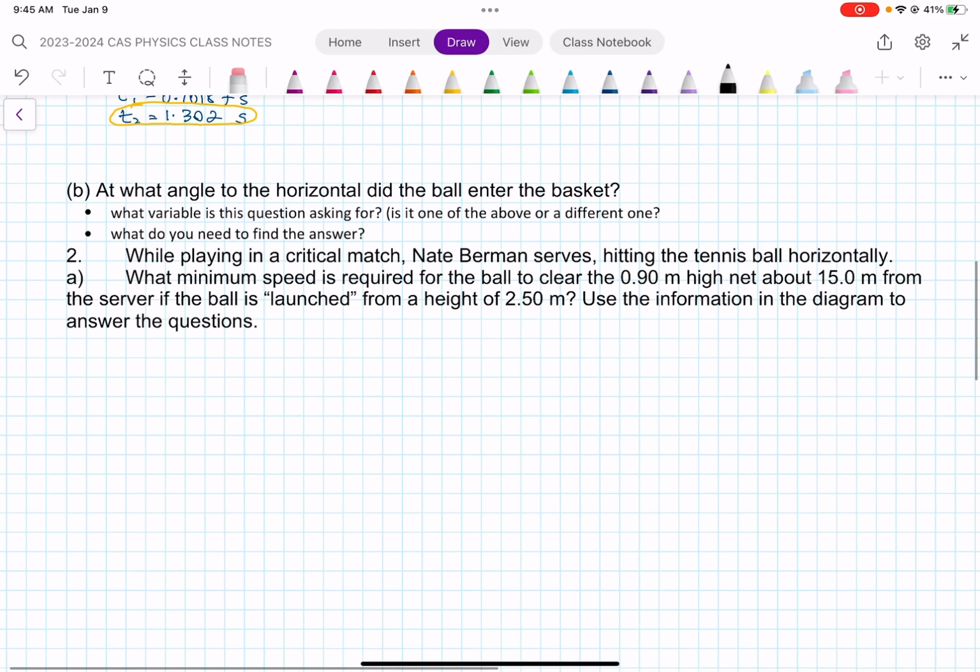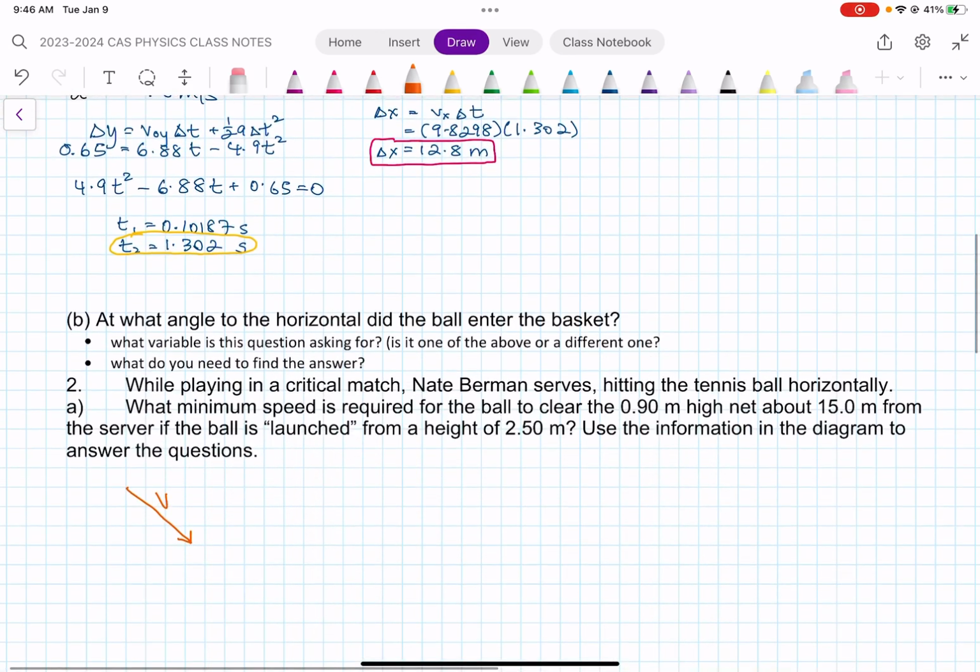So let's do this again. Let's say this is my vector, V, the final vector. And it's composed of a horizontal component, Vx, and a vertical component, Vy. Okay, we know Vx, we need to figure out Vy.